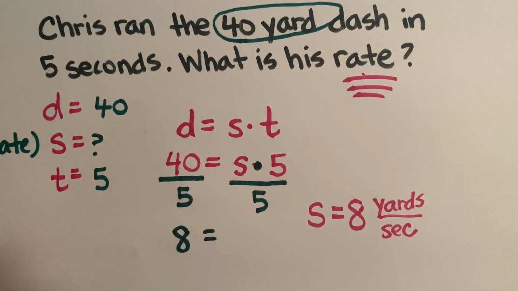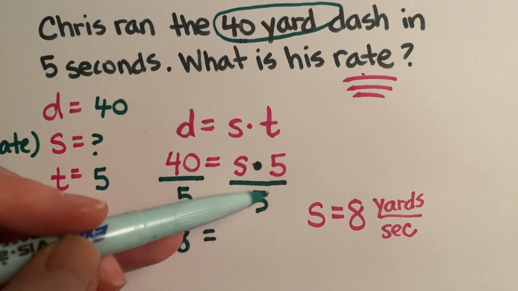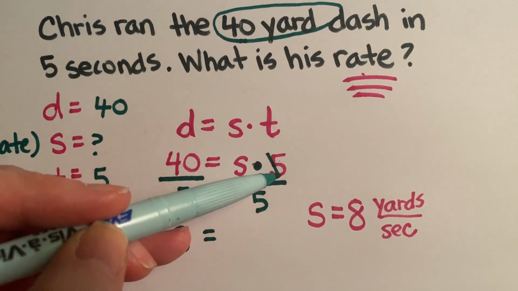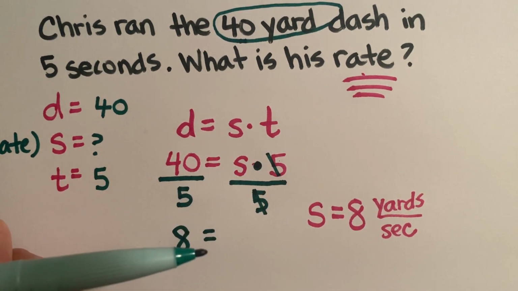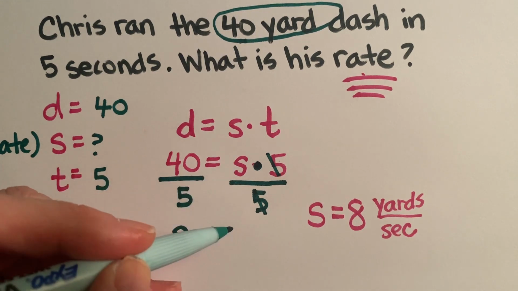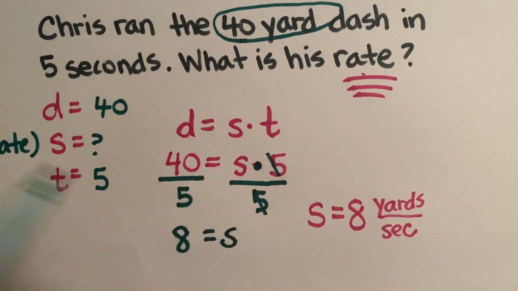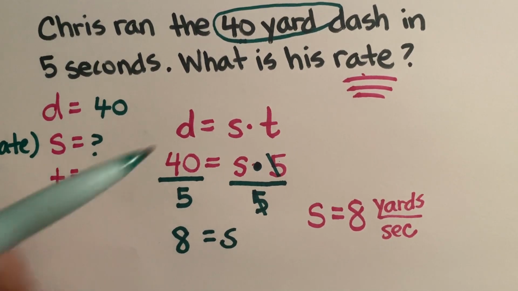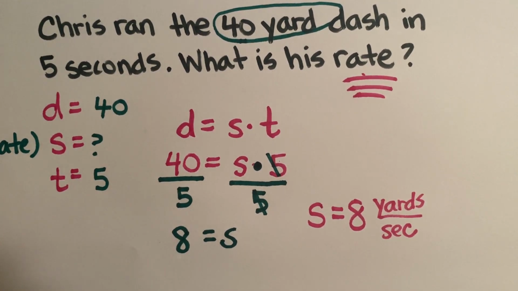Bring your equal sign down. Now 5 divided by 5, well, that's just 1. Those cancel out. And the S just drops on down. So that's another way to get that the speed is 8 yards per second. And that's something called algebra, which we'll be doing more of this year as the year progresses. But I just thought I had an opportunity here to show you, so I would.